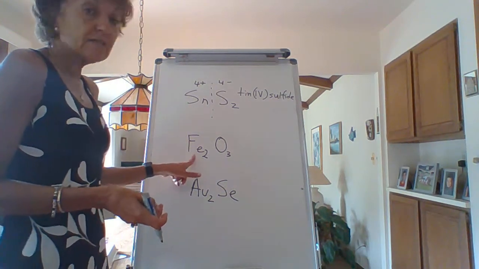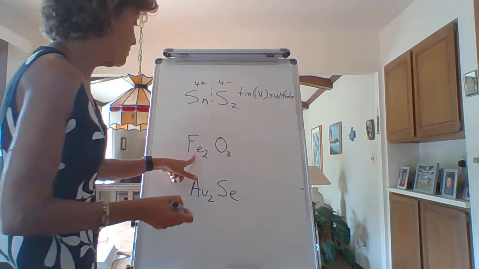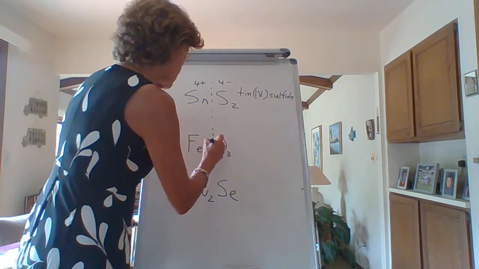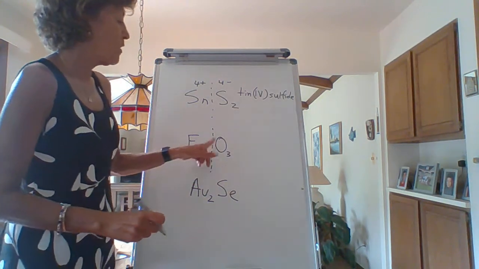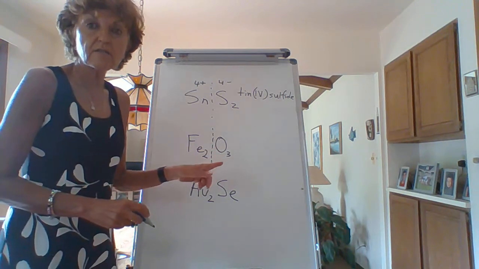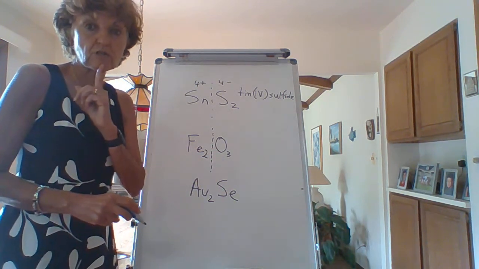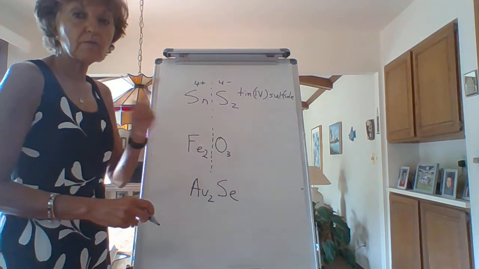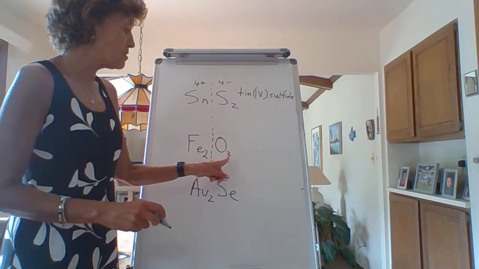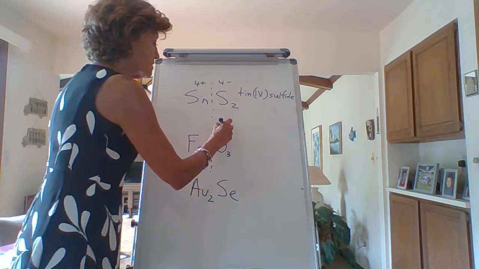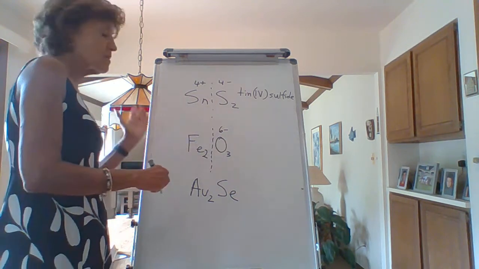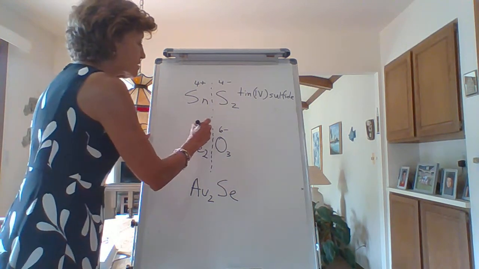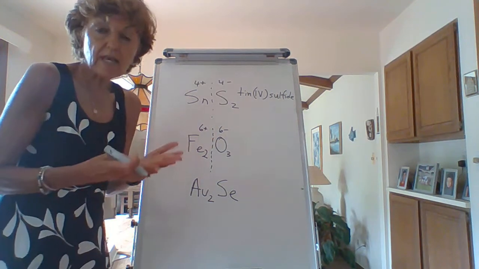Okay, you can tell that iron is a variable charge metal. Dotted line. We're going to do a whole bunch of multiplication and division here. All right, what is the charge on an oxide? One oxide is -2, but I have 3 of them. So minus 2 times 3 is minus 6. So if this side of the dotted line is minus 6, this side has to be plus 6. Why? Because they have to cancel each other out.